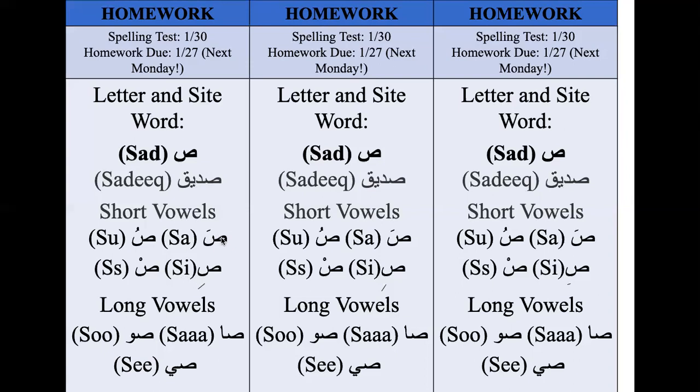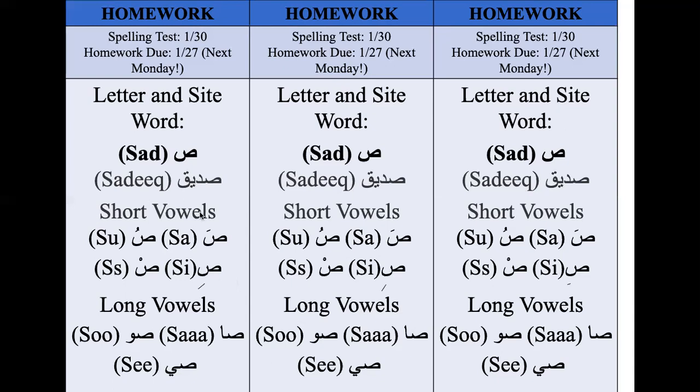So here, you blend the sound of the letter. Basically this last one just means there is no vowel. It's like a silent sound. So this is a deep S. If you put that together, you get sa, and then here we get su, and then down here we get si.